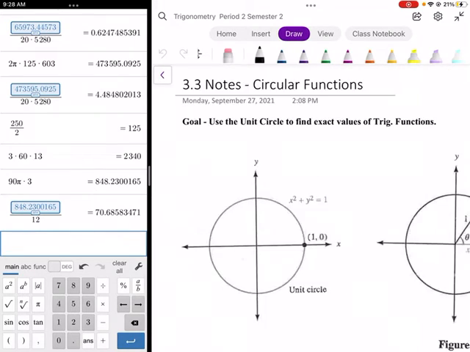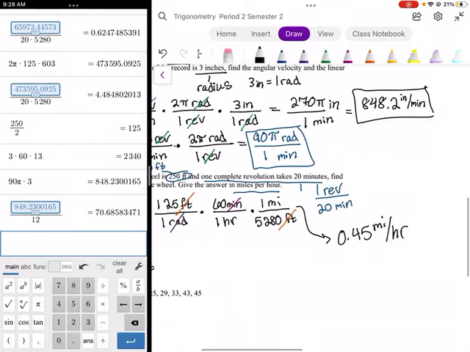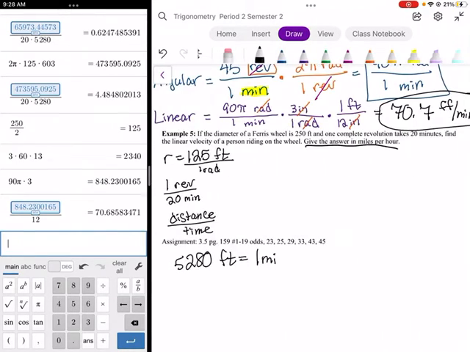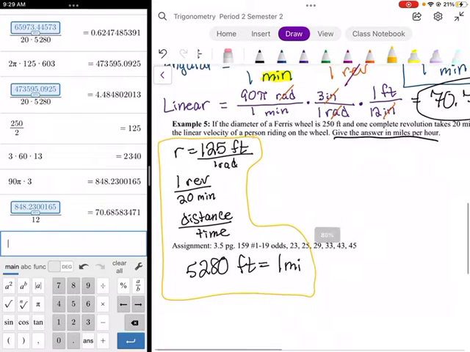Let me just double check that really quick to make sure I have that number right. Otherwise, we'll get the wrong answer. Yeah, 5,280. There we go. All right, so 5,280 feet equals 1 mile. All of this information we just wrote down is going to help us get our answer.